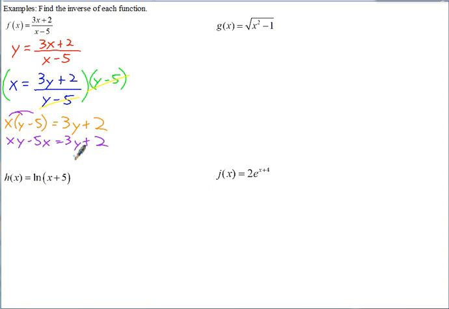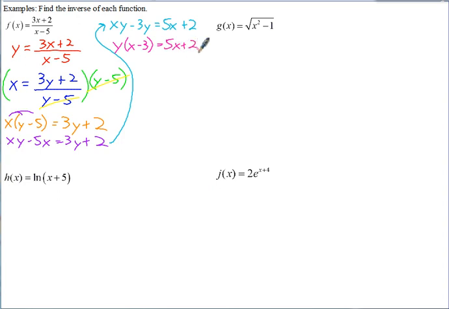I'm going to move that here so you can see a little better. Subtract the 3y over to this side, so we'll have xy minus 3y, and add the 5x to this side, so we'll have 5x plus 2. Getting all the y terms on one side and all the terms without y on the other side allows you to factor out the y like a GCF, and then we're left with x minus 3.